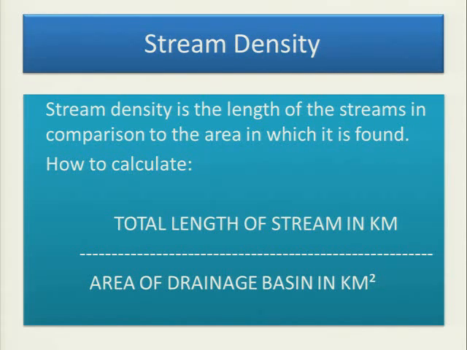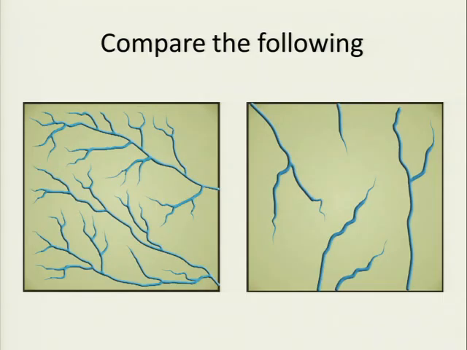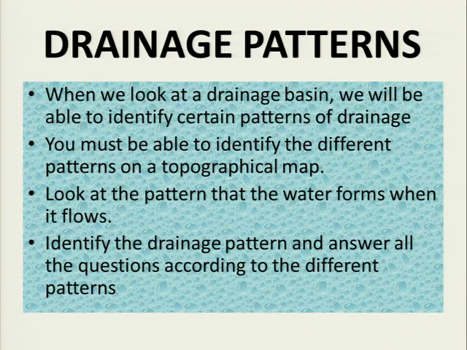They will have to give you the total length and the area. And you will also have to be able to provide the formula. That is total length of the stream divided by area of the drainage basin. You will have to be able to compare, is it a dense or a less dense drainage density? The one on the left is denser than the one on the right.